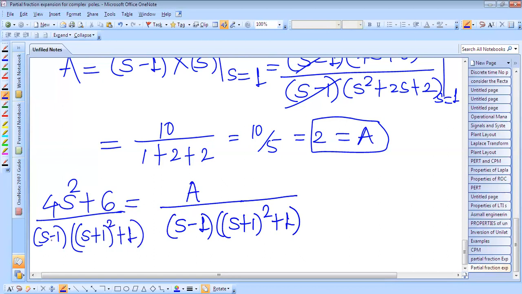So we have to make the common denominator on both sides of this equation. As we have multiplied by this factor in the denominator, we also have to multiply in the numerator.